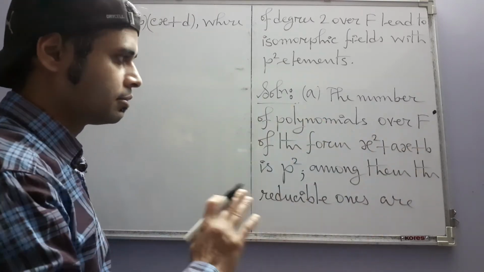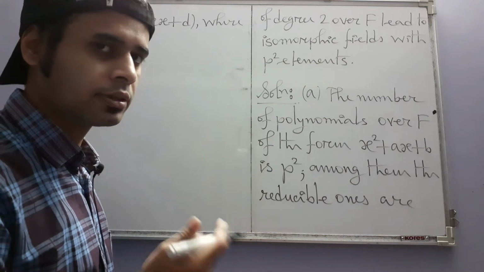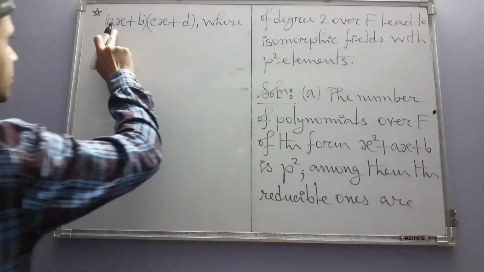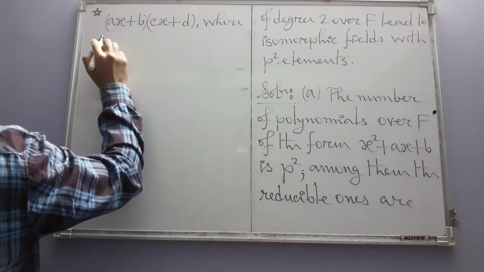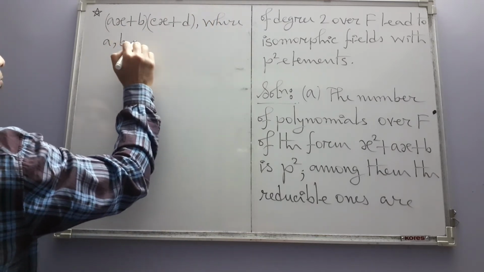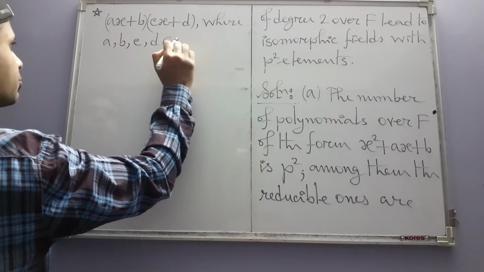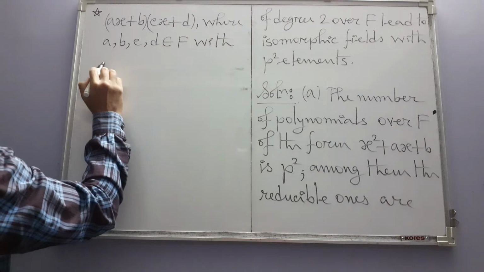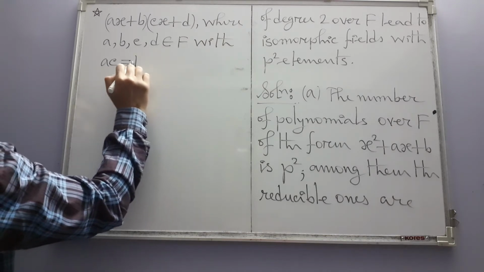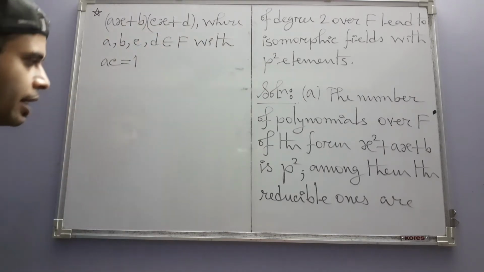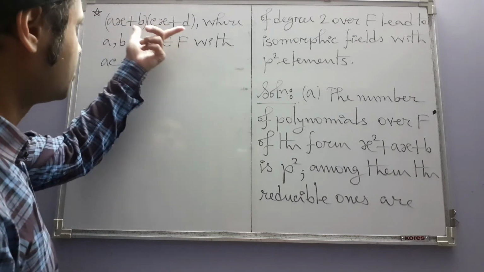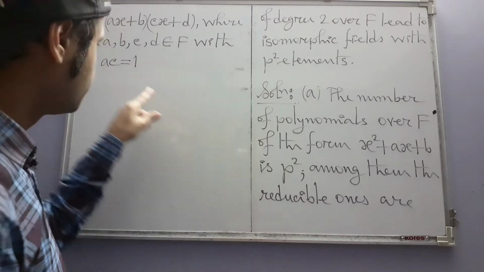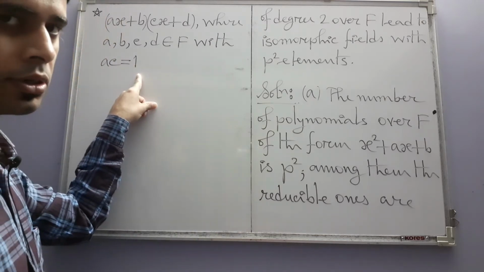These are arbitrary constants. Okay, so in that sense they are variables also, or rather parameters. So a, b, c and d are just some elements coming from F, with this provision of course that ac is equal to 1, because unless that happens, when you multiply the terms out, you are not going to get the coefficient of x square equal to 1. For that you need this extra condition.